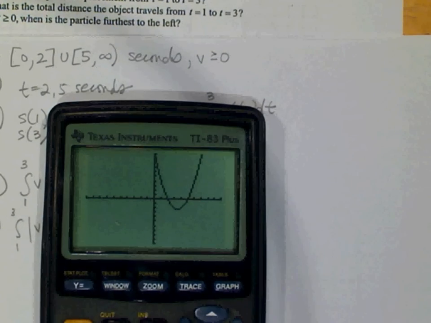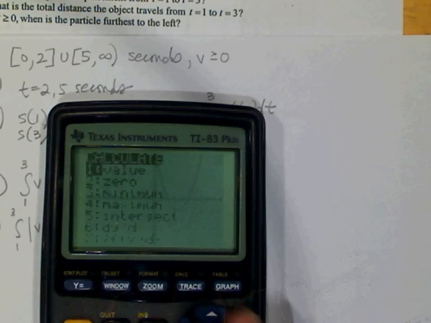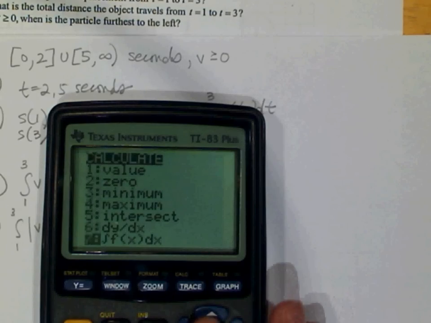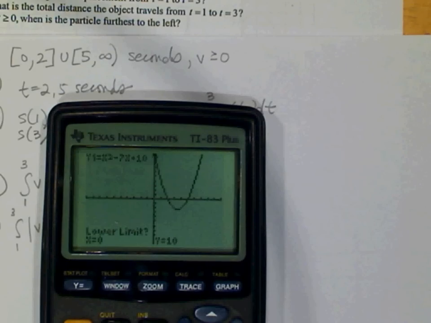There is something on your calculator that shows you and can fill that in. Notice we've always been using math 9. I'm going to show this to you, but I don't want you to use it on a regular basis. If you go to second calc, you'll notice down here number 6 and 7, dy/dx and the integral of f of x dx. Hit second calculate and go to number 7, and it pops you up onto your graph.